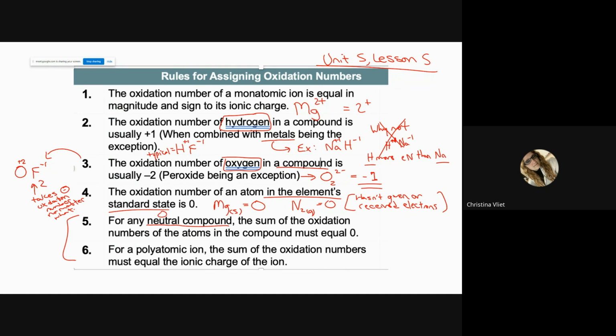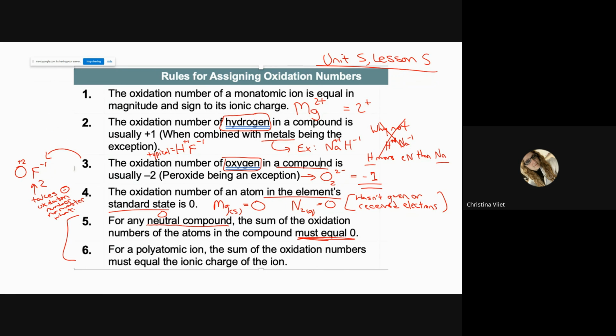Charges cancel. And here's the math. The sum of your oxidation numbers, that means you're going to have to add. When you add up all your oxidation numbers in your compound, all of your additions have to equal 0 because it's neutral. So that's a math rule. We will have to do some math here.